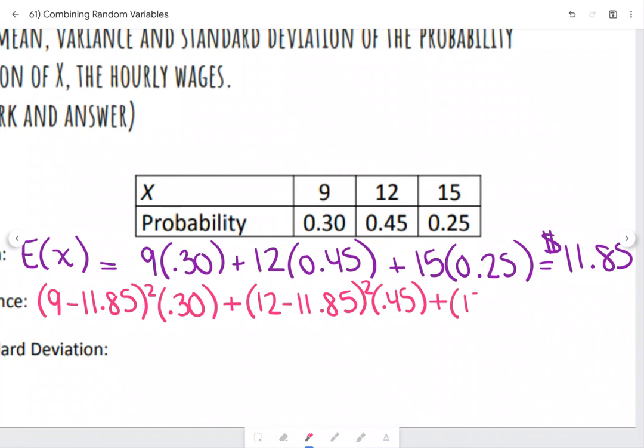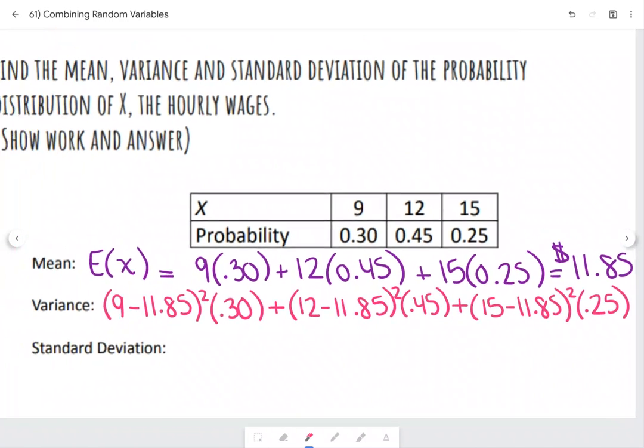And finally, we have 15, subtract 11.85, squared, times the 0.25. Okay, and when I calculate all of that together as we go through, my variance is going to be $4.93.